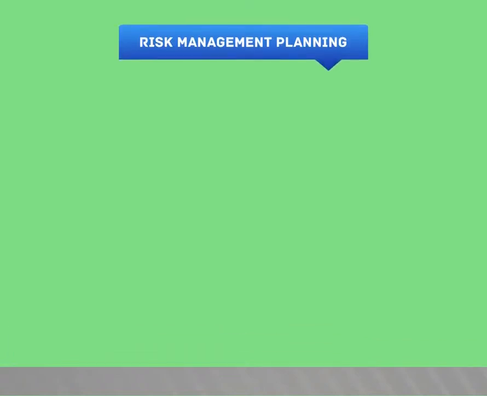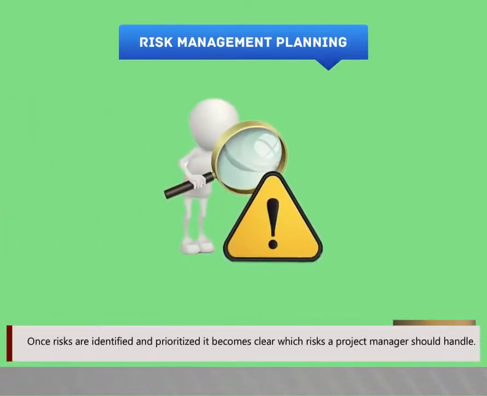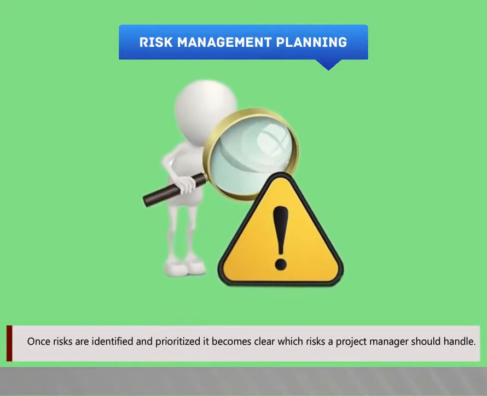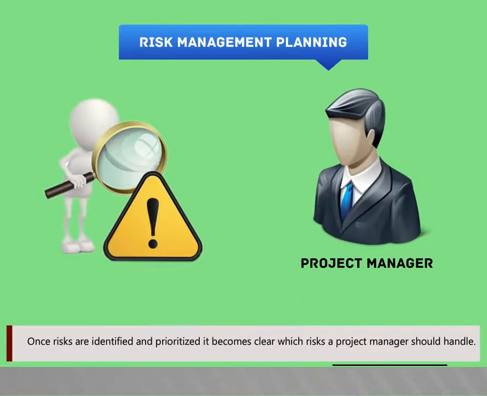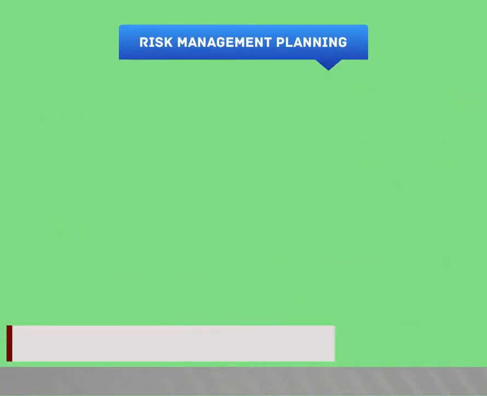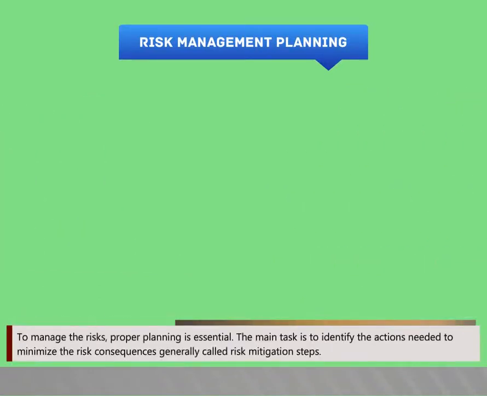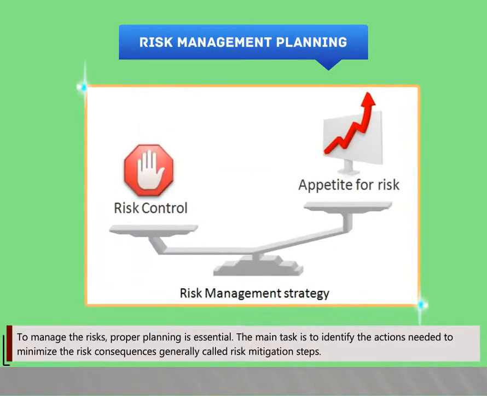Risk management planning. Once risks are identified and prioritized, it becomes clear which risk a project manager should handle. To manage the risk, proper planning is essential. The main task is to identify the actions needed to minimize the risk consequences, generally called risk mitigation steps.